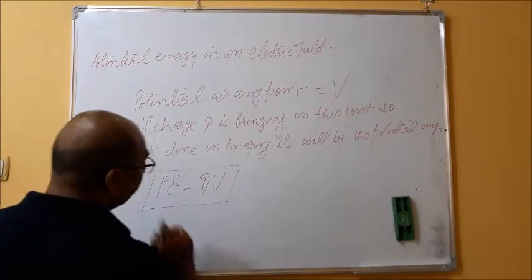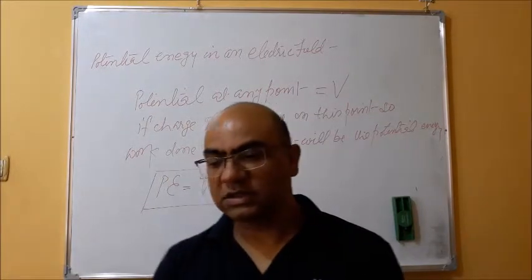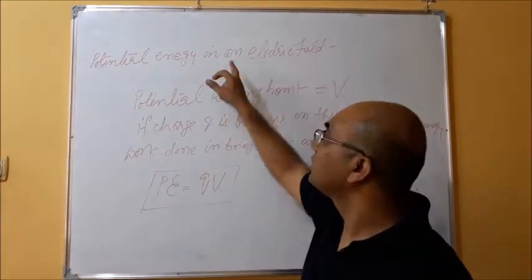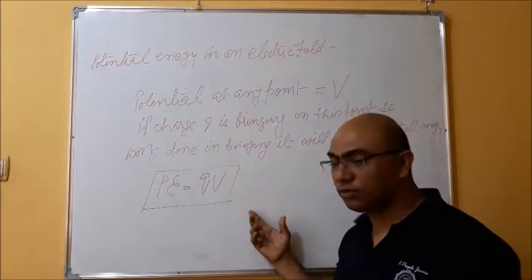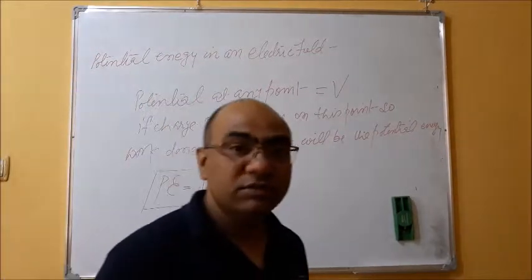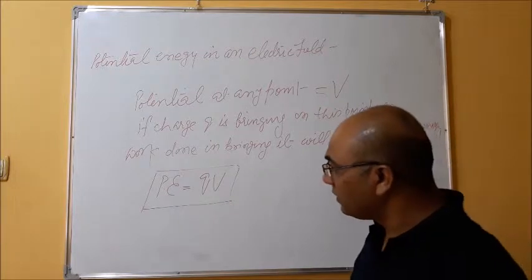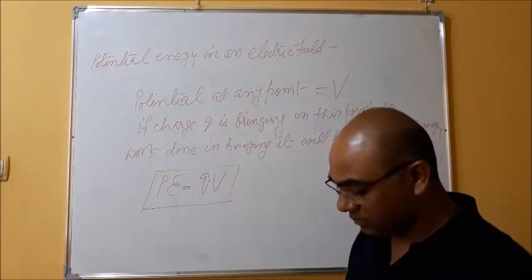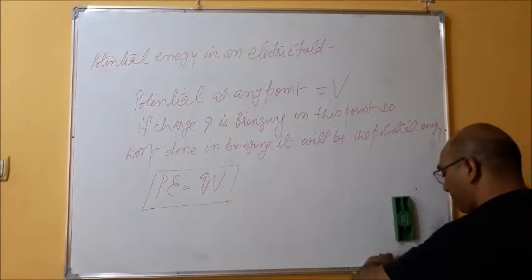So this we have already seen in the previous lecture, but since the concept of potential energy in an electric field comes again, I am giving you the formula again. Potential energy equals Q times V. Now you see here, what is the main concept in writing it again?